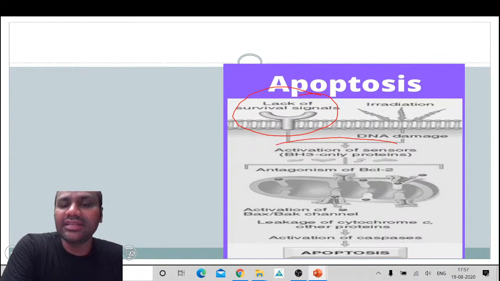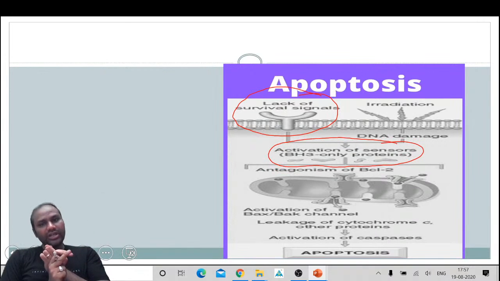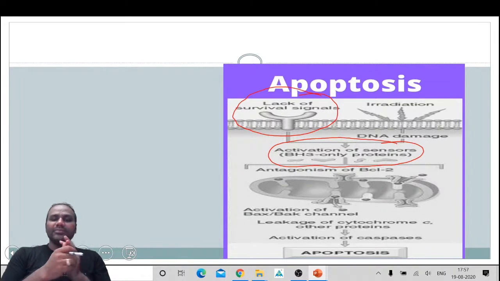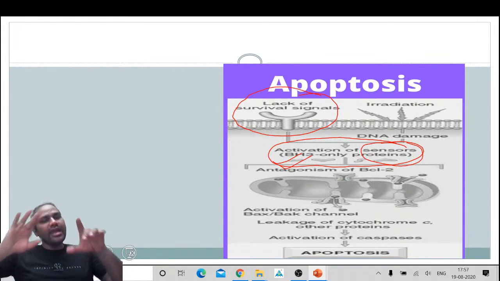Remember, there are three things which we need to know: anti-apoptotic, pro-apoptotic, and sensors. Sensors are the third type, and they are normally BH3-only proteins.